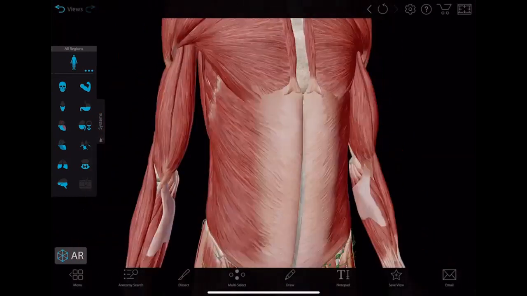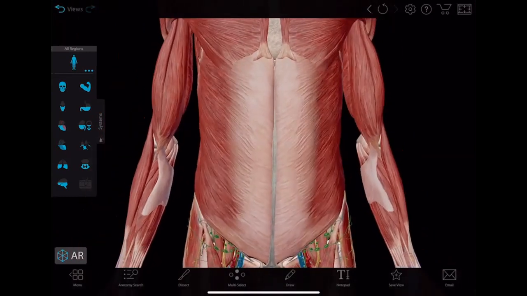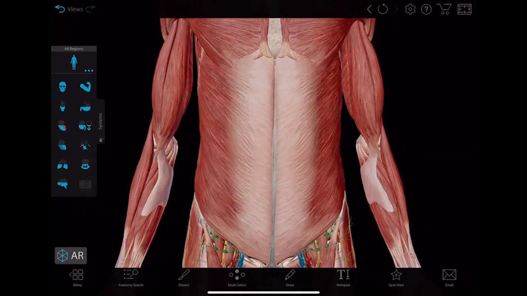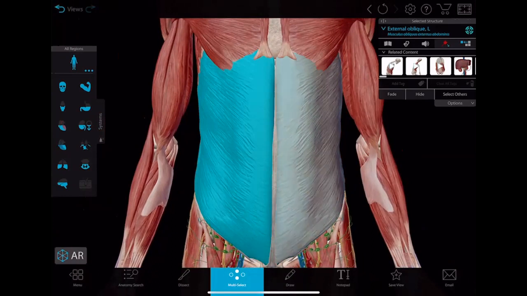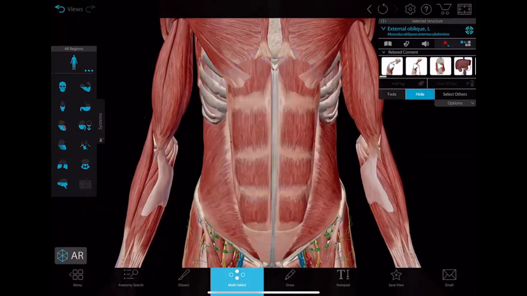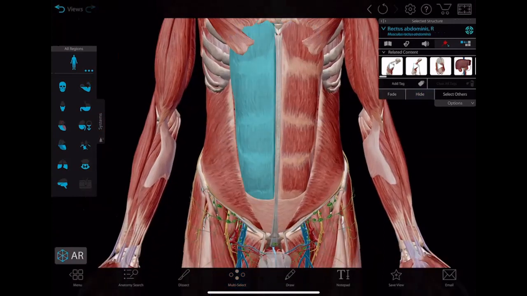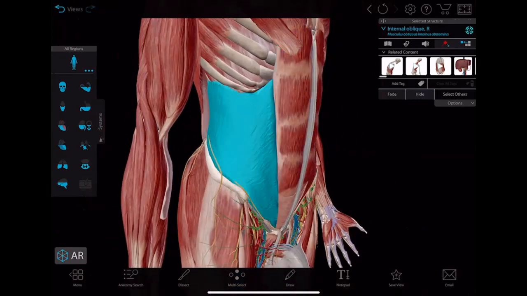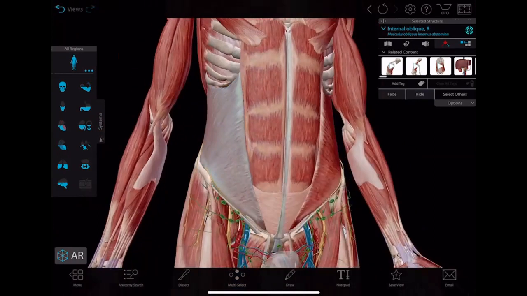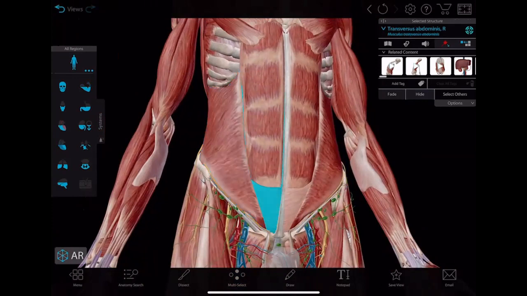Okay, so this is the anterior abdominal wall, right? The muscle we are seeing is the external oblique muscle. We'll hide it. Okay, so this is the rectus abdominis muscle. This is the vertical muscle, right? Lateral to it is internal oblique and below it is transverse abdominis, right?